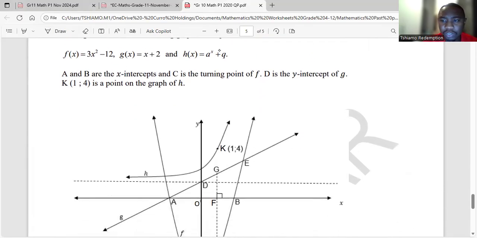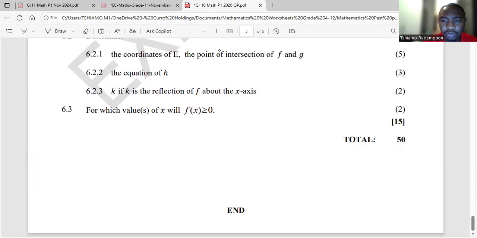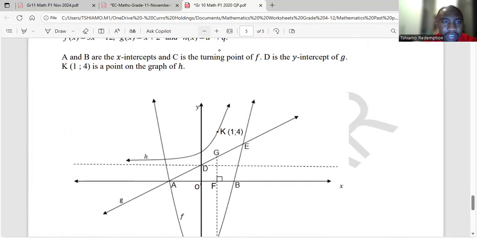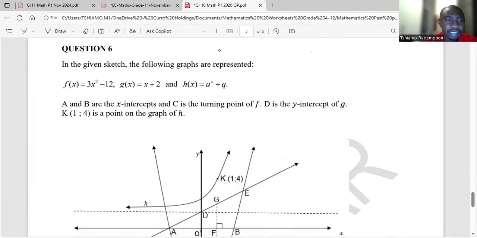Let's do the last question. Functions. Let's firstly read the information that we're given. In the given sketch, the following graphs are represented. We have f of x, which is a quadratic or parabola. g of x is a straight line. h of x is an exponential equation.